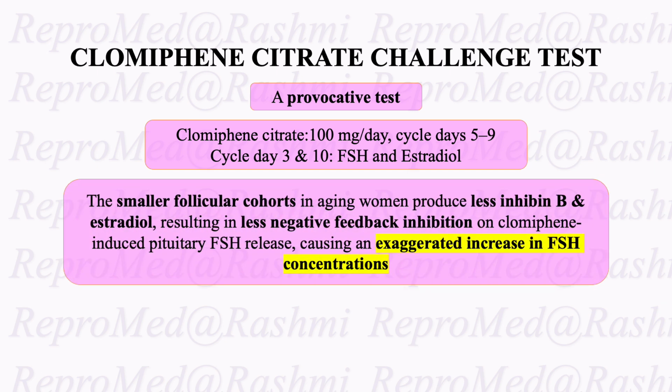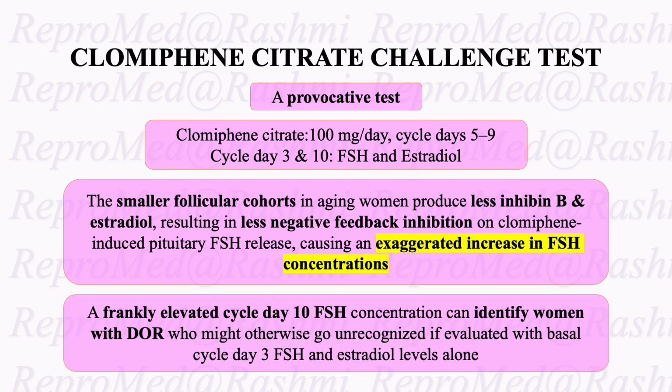Then the smaller follicular cohort in aging women produces less inhibin B and estradiol, resulting in less negative feedback inhibition on the clomiphene induced pituitary FSH rise, causing an exaggerated increase in FSH concentrations. A frankly elevated cycle day 10 FSH concentration can identify women with decreased ovarian reserve who might otherwise go unrecognized if evaluated with basal cycle day 3 FSH and estradiol level alone.